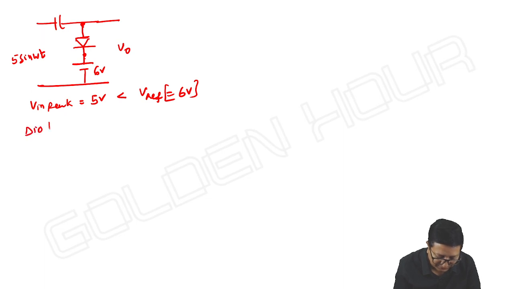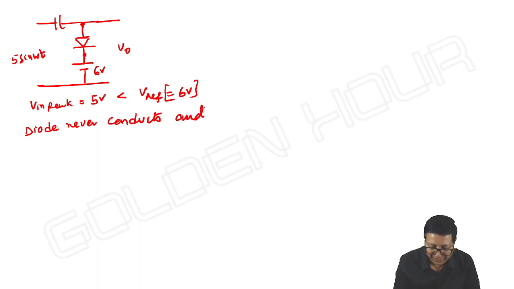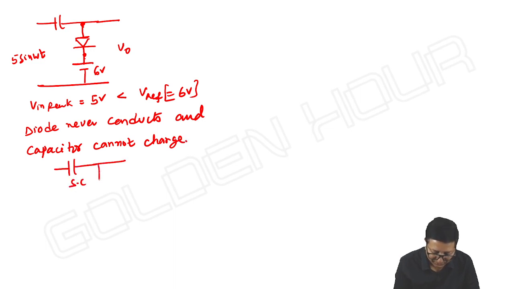Diode never conducts. And capacitor cannot charge. So the capacitor simply acts as short circuit. Diode is open and it is 6 volts and 5 sin omega t.